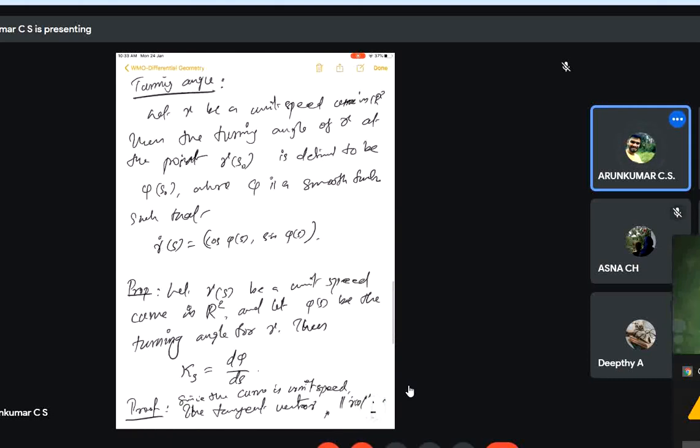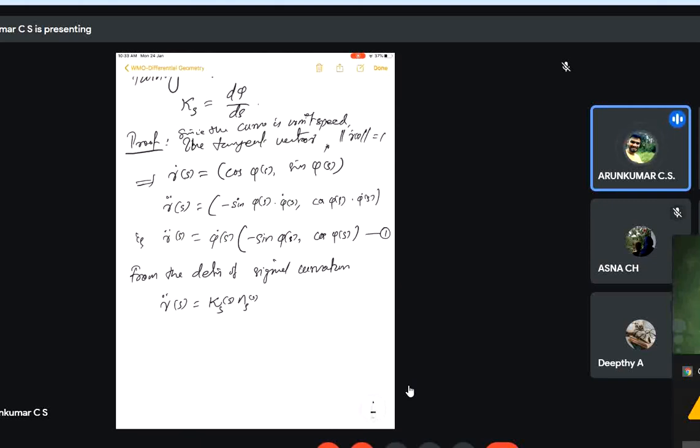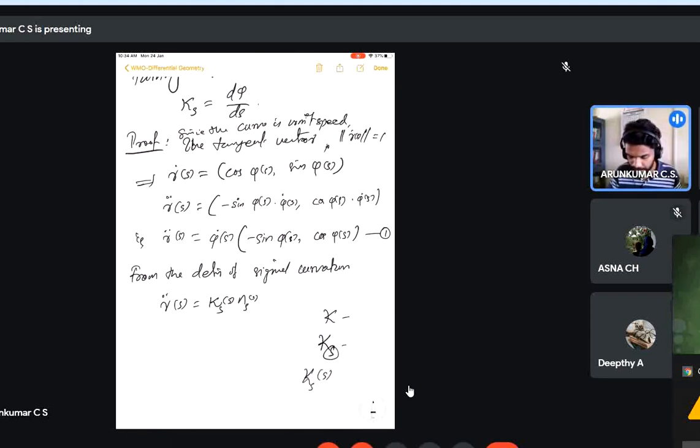Okay. So in the notation K suffix s, K denotes curvature, Ks denotes signed curvature. This s is to denote sign. Okay, and this Ks of s means the signed curvature at the point gamma of s. Okay, and similarly for Ns.